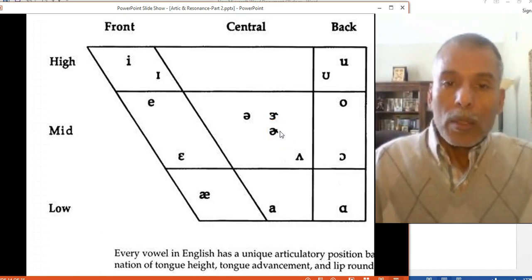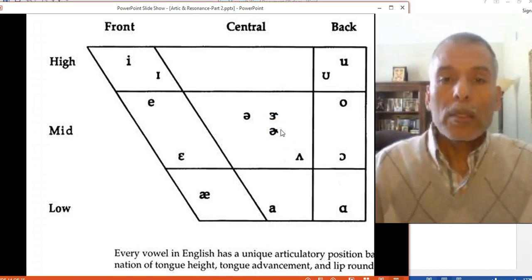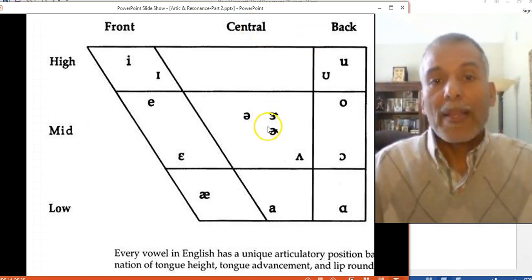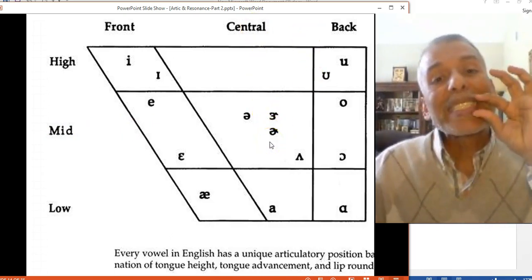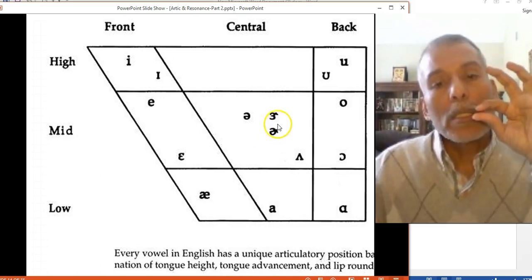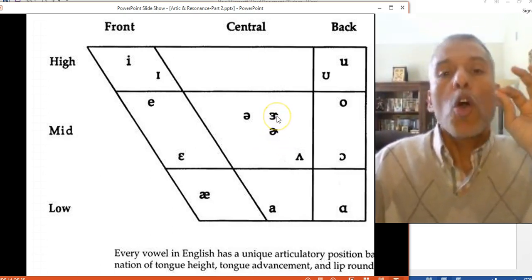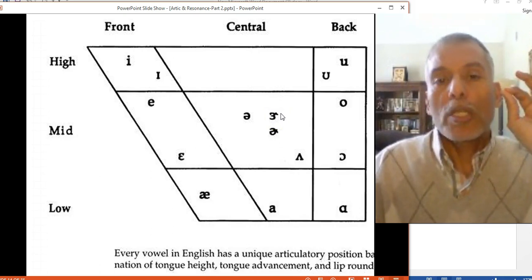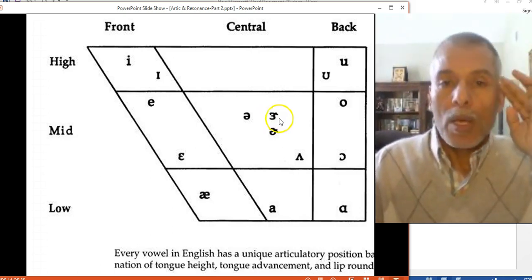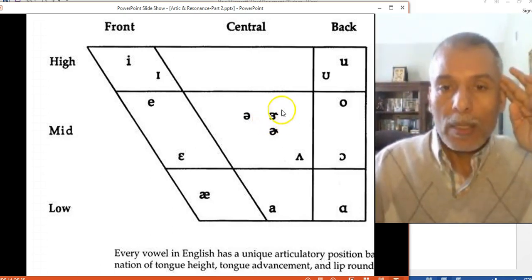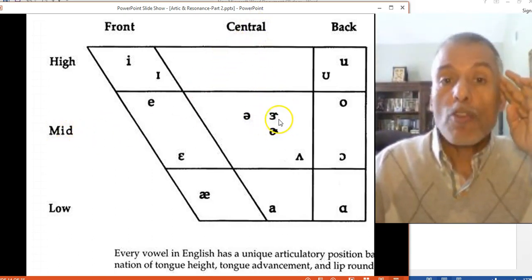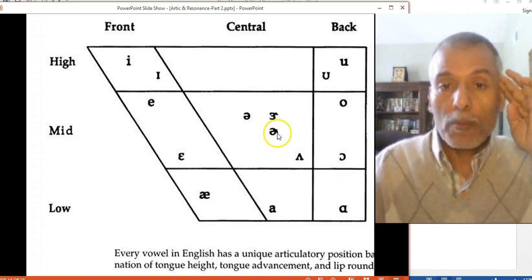It's a mid-central, lax, rounded vowel. The other, as in bird or stir, is a mid-central, tense, rounded. So it is only different from the first in terms of muscular tension.